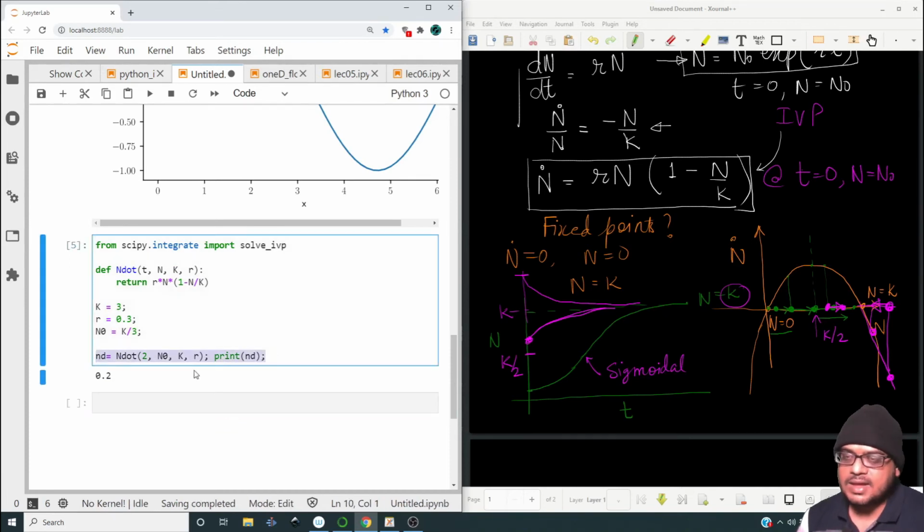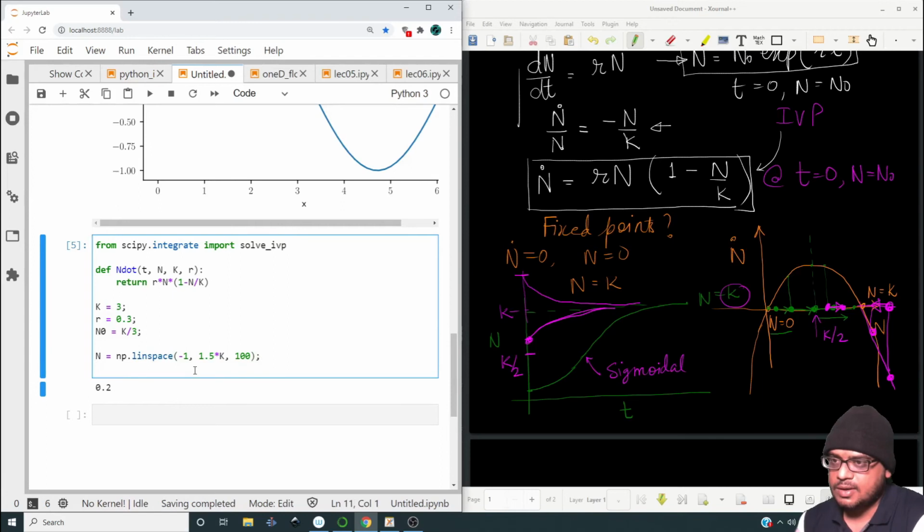And in fact, we can easily check this by plotting the whole thing. We can define n equal to np dot linspace minus 1 to 1.5k. Let's take 100 points, and nd will be n dot.